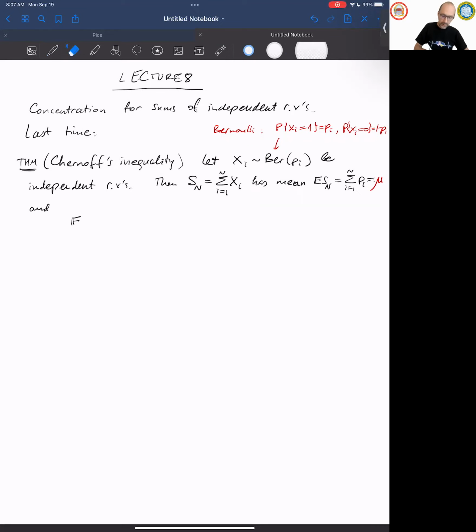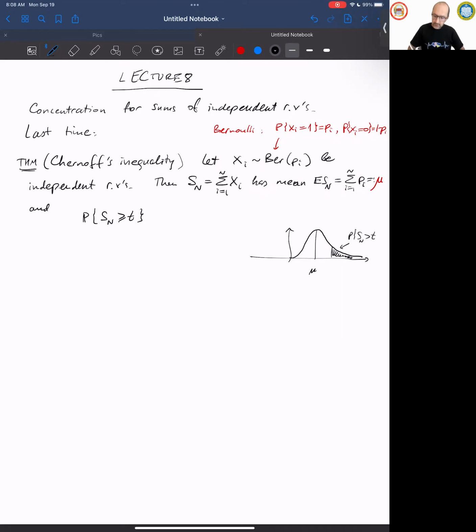And we proved this tail. Basically the inequality says, if this is kind of the probability density function, although it's discrete, the mean is here, and this is the probability that Sn is greater than t, and we would like it to be small. So we want to say that the tail is small, and this is how small.